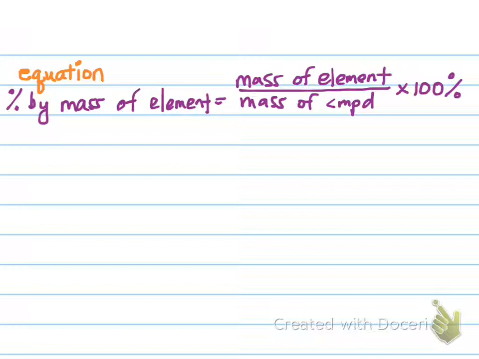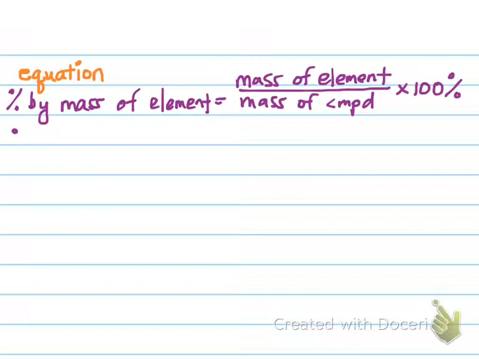In this circumstance, you would use this equation because they've said you have 14 grams of hydrogen and the compound is 18 grams. Okay, and so you would use this equation.